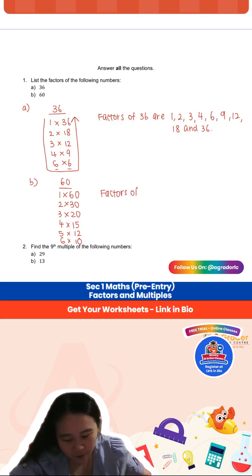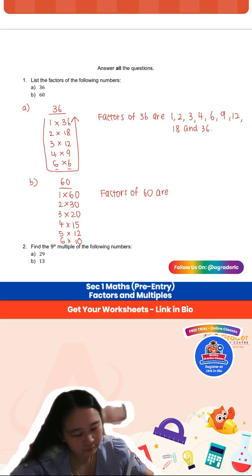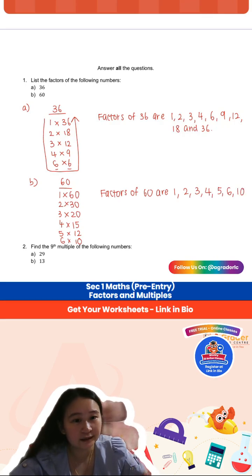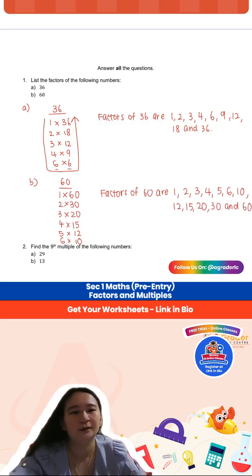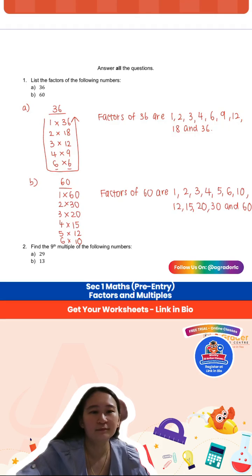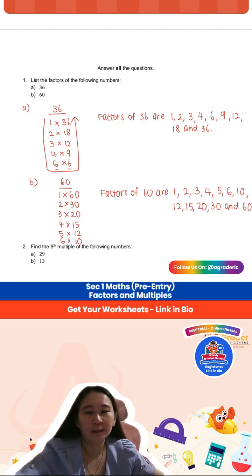So factors of 60 are 1, 2, 3, 4, 5, 6, 10, 12, 15, 20, 30, and lastly 60. Always list in ascending order so that you won't miss out any numbers. It's also easier for teachers to mark your work.